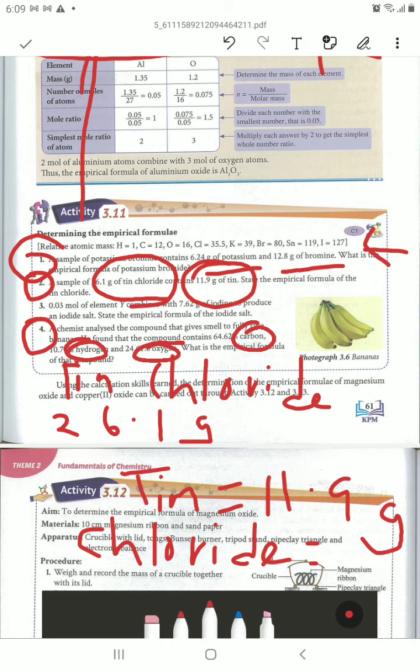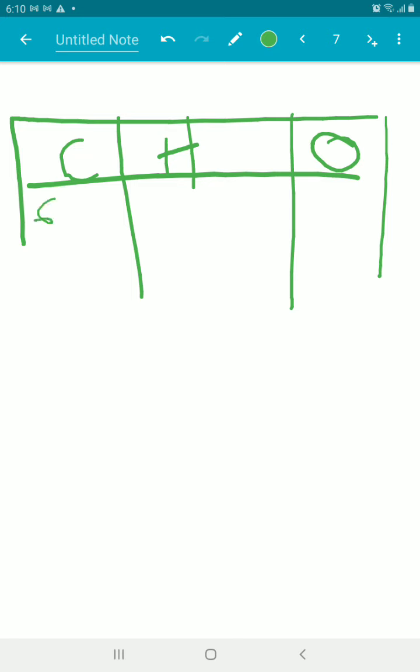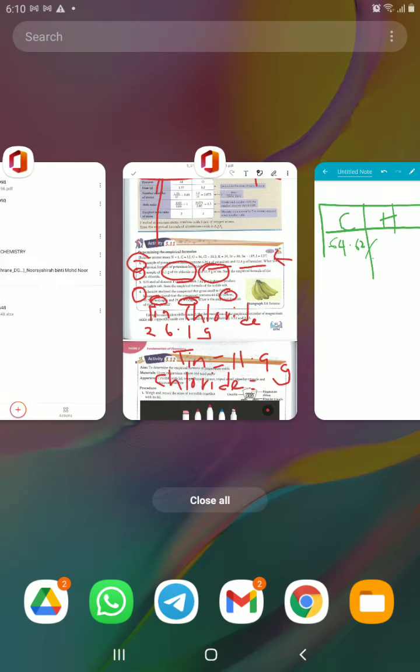In percentage, the mass of the carbon is 64.62, so you write here 64.62%. Write in percent first.